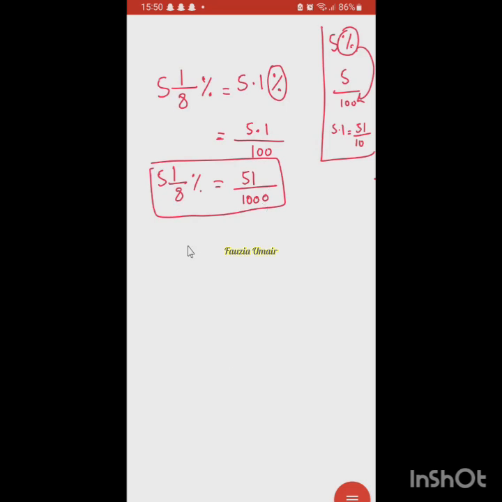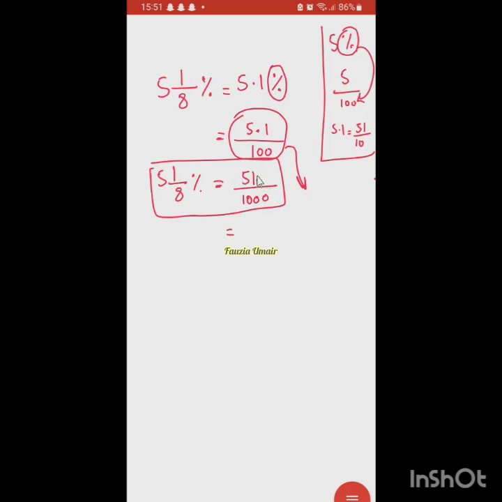So what is this in the decimal form? There are 3 zeros, there are 2 numbers. What to do? Add one more zero. That's right. There is a decimal here.